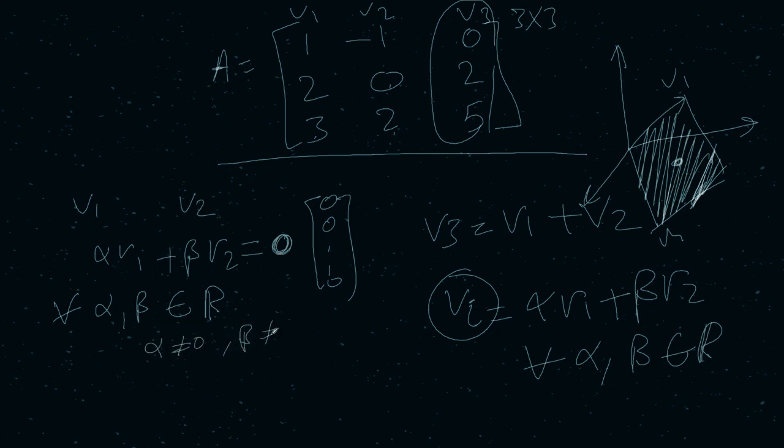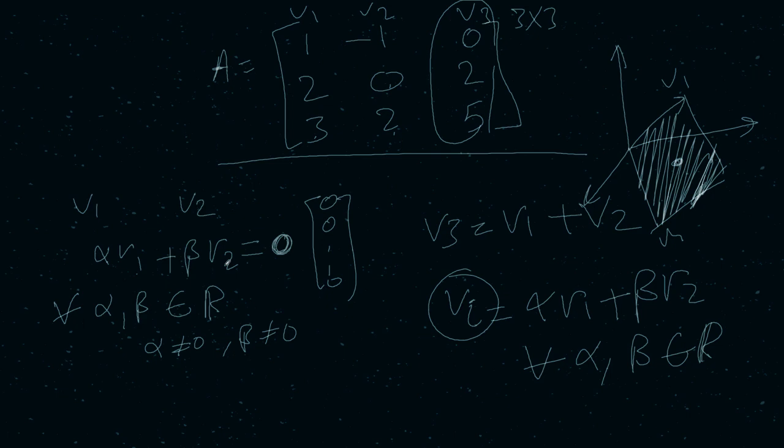Of course, if alpha and beta equal 0, the result will be 0; there is no question about that. But if alpha and beta belong to R and both are not equal to 0, and still you can find these scalars that make the summation equal to 0, then we call v1 and v2 linearly dependent.